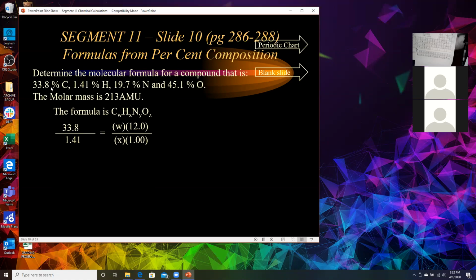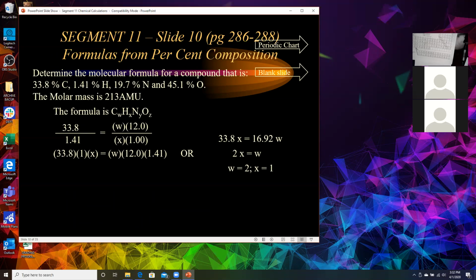Now, I'm going to take the 33.8% carbon. There's W carbons, the atomic weight is 12. 1.41% hydrogen. There's X of them, and the atomic weight's essentially 1.00797 to be precise. Cross multiply, rearrange, and solve.